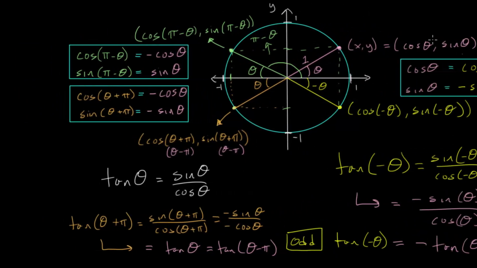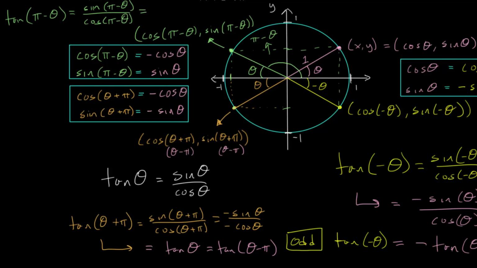And I do want to keep cosine and sine on the screen. So we can take the tangent of this angle, this pi minus theta, or negative theta plus pi. So this would be equal to the sine of pi minus theta divided by the cosine of pi minus theta.